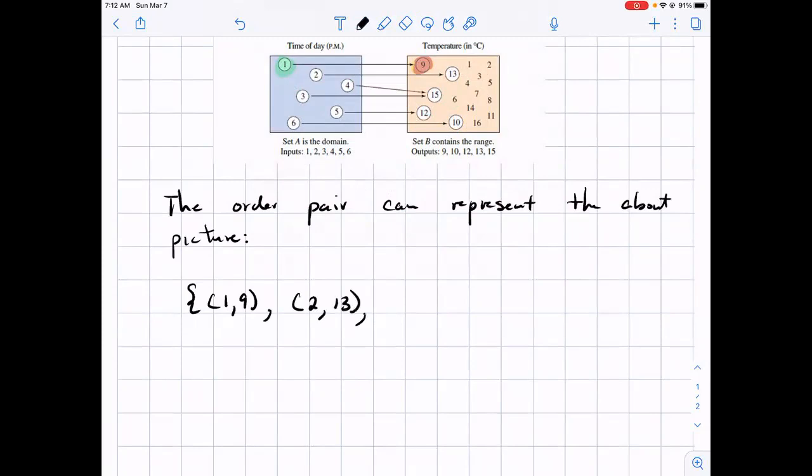Okay, comma (3, 15), comma (4, 15), (5, 12), and (6, 10).